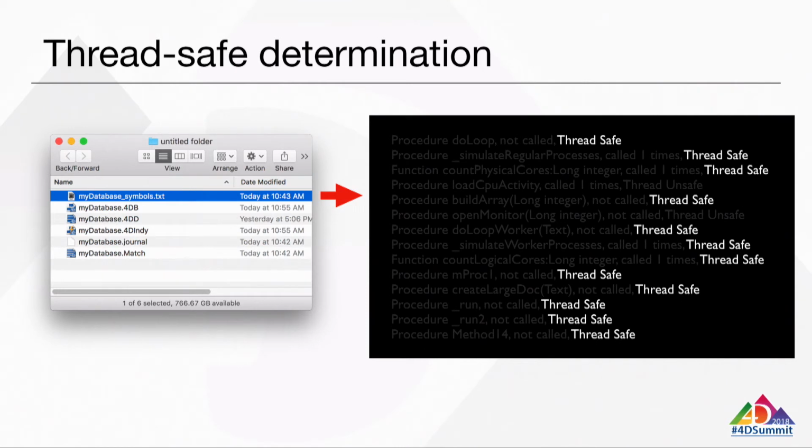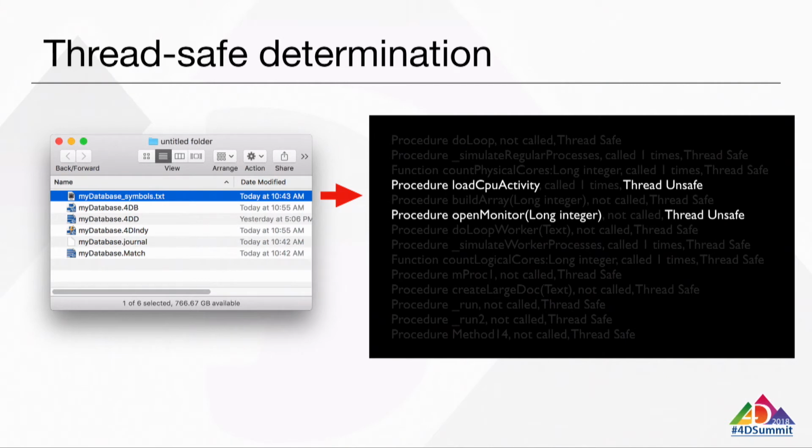At the end of each line, it will tell you thread safe. Also, it will tell you which ones are not safe as well. Thread unsafe will be listed there. And this way, if you want to, you can just go directly to that method and try to work with it, right? So this is one option that you can find out what part of your database still needs to be worked on.